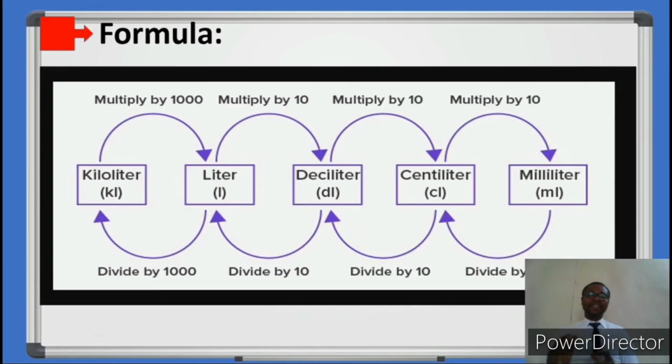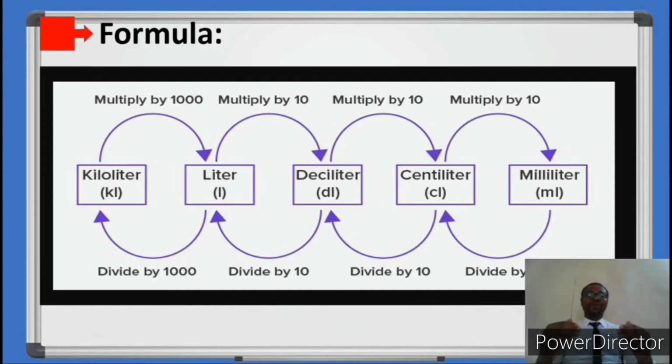Similarly, 10 centiliters is equal to 1 deciliter, so converting from centiliter to deciliter, we also divide by 10. Also, 10 deciliters is equal to 1 liter, so converting from deciliter to liter, we also divide by 10. But 1000 liters is equal to 1 kiloliter, so if we're converting from liters to kiloliters, we divide by 1000.